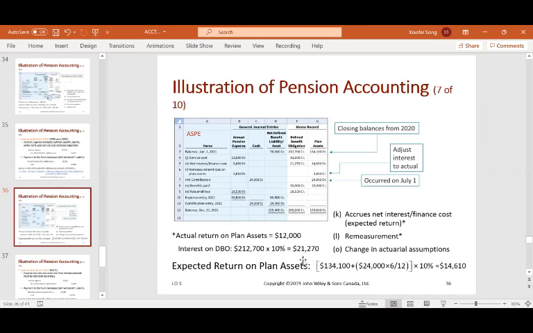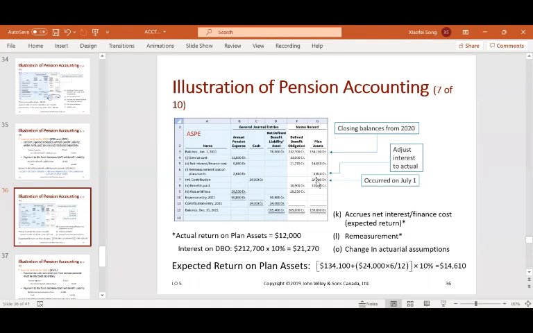The actual return is 12,000. The expected return on plan assets is 14,610. So we add 14,610 in here, but the plan assets did not earn that amount this year.